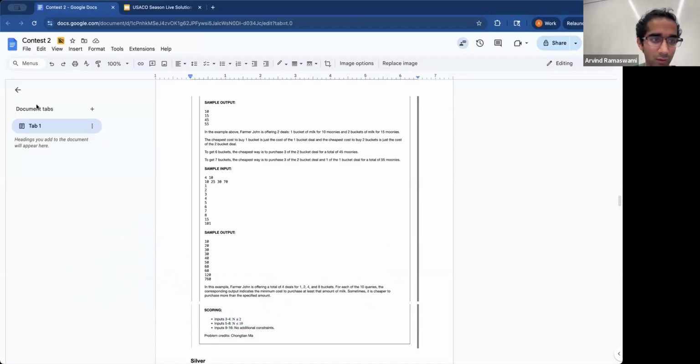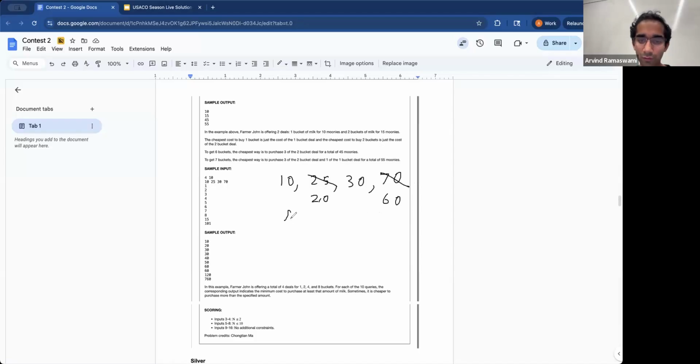So I'll write 10, 25, 30, and then 70. Let's replace this 25 with 20, since you can get 2 buckets of the first for a cheaper price. This stays as 30, since it's better than getting 2 of these. And then let's replace this 70 with 60.